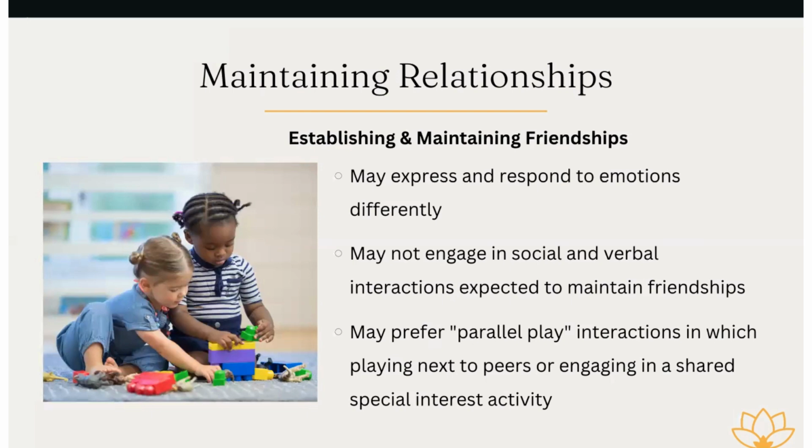So rather than trying to push children who are on the autism spectrum to engage in interactive play in activities that they might not be interested in, they may prefer to play with their own set of whatever their activity is in close proximity to their peer or friend, and then be playing side by side rather than interacting with one shared activity, unless it's a special interest activity or something that they are really engaged in. Again, that's not every child on the autism spectrum, but some prefer that over playing together with a shared activity.